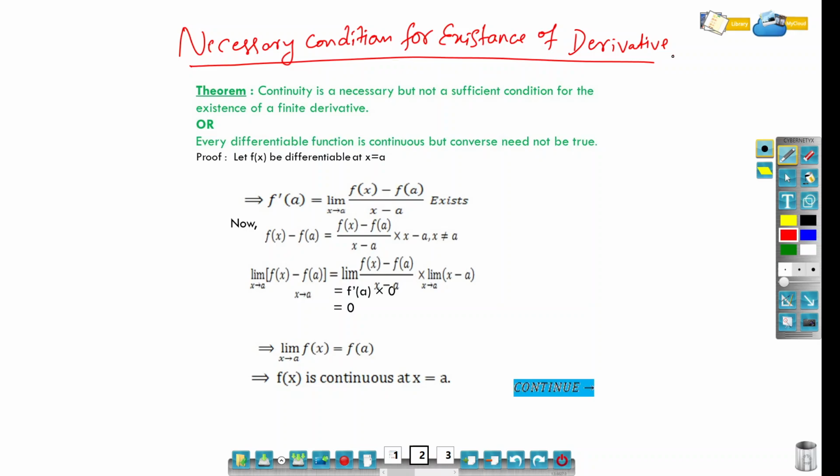Continuity is a necessary condition for the derivative. For a function to be differentiable, it must be continuous.